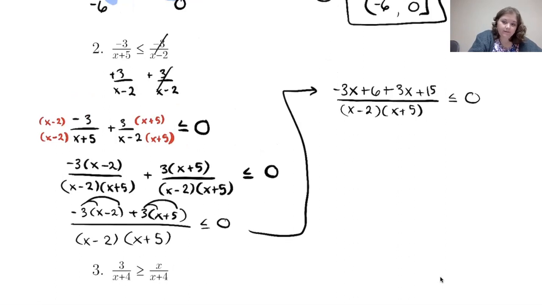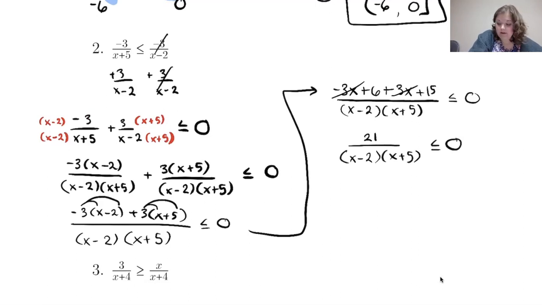So we'll simplify that top part. Negative 3x and 3x cancel each other out. And then we have 21 on top, and x minus 2 and x plus 5 on bottom.